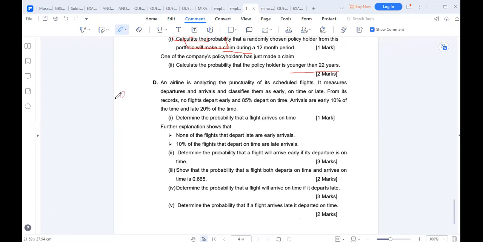So departing early, DE, is equal to 0. Then 85% depart on time. So depart on time is what? 85%, so 0.85. Meaning that if they're going to depart late, it's the remainder, 0.15.